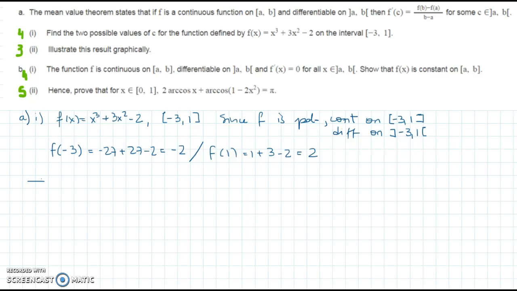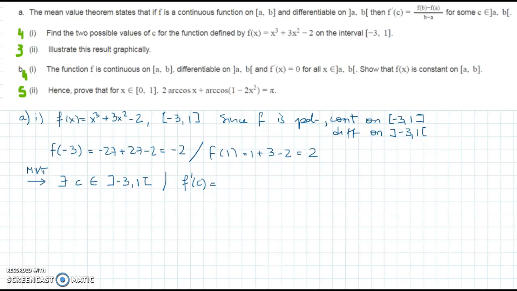So, by the mean value theorem, there exists a value c in the open interval minus 3, 1, such that the value of the derivative of f at c is going to be the same as the difference of the function at the endpoints divided by the length of the interval.